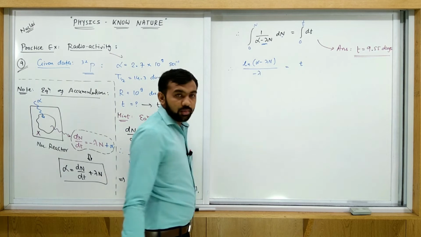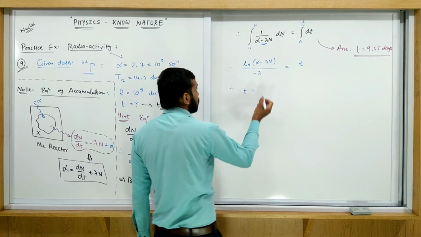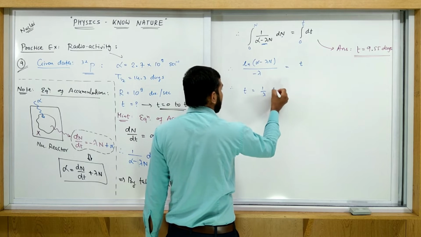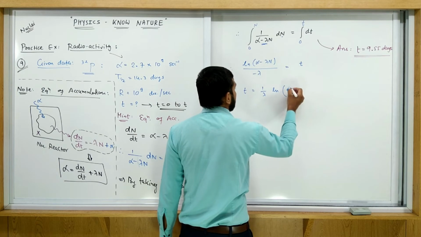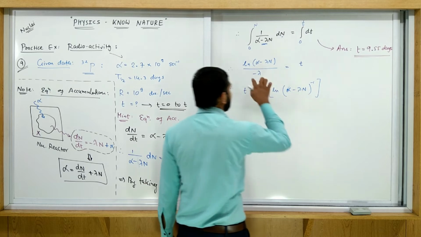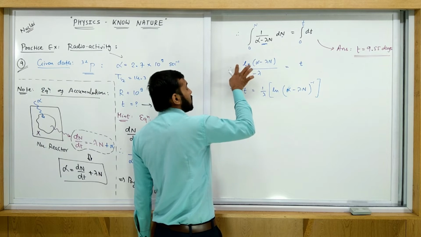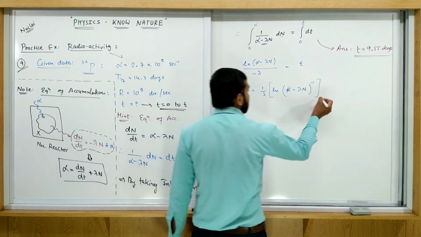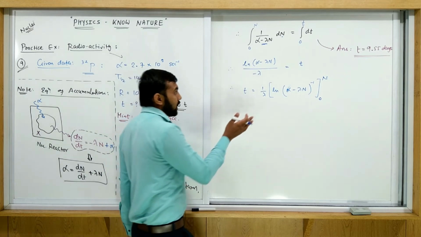Now I hope you understand this. So t is equal to, taking the minus sign, 1 upon lambda ln of alpha minus lambda N to the power minus 1, with the limit from 0 to N. Now you are able to solve this problem.